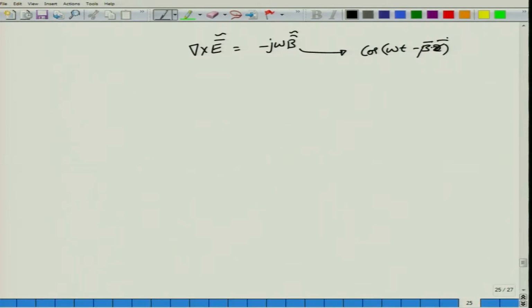So del by del t will be replaced by minus j omega. I can do the same thing for the magnetic field. Magnetic field will be equal to j omega epsilon times electric field.